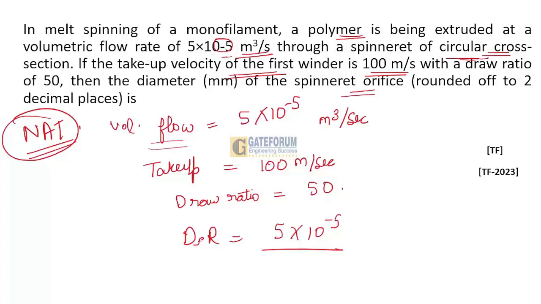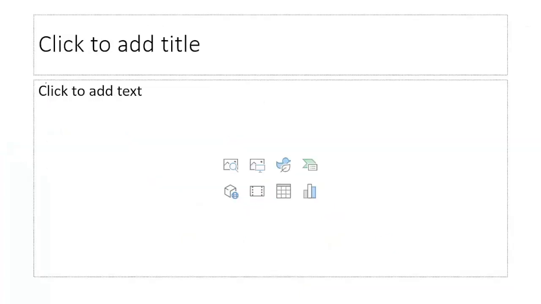So volume is area into velocity. So pi d square by 4 into velocity, and the take-up velocity is given as 100. So we will have to multiply this.